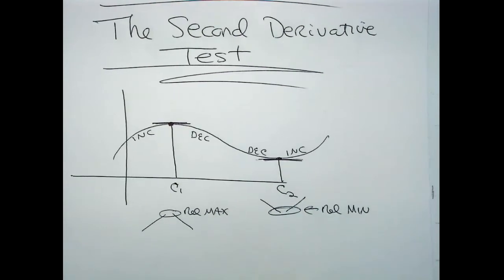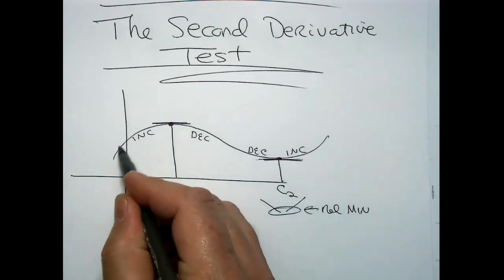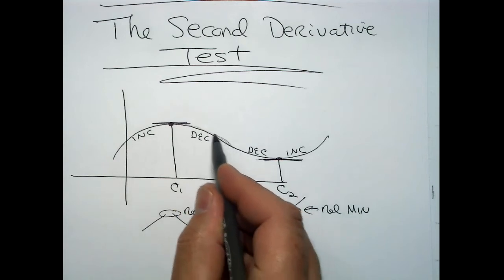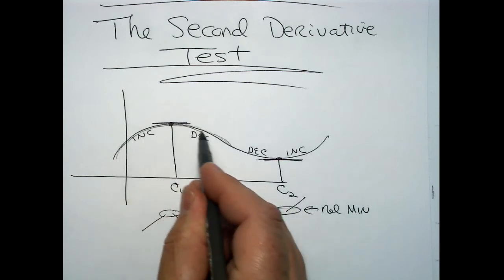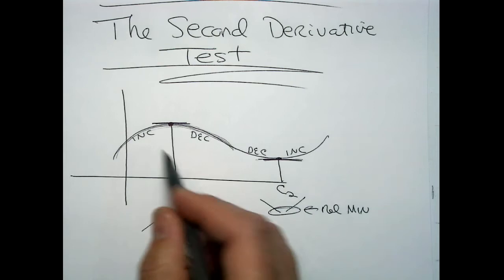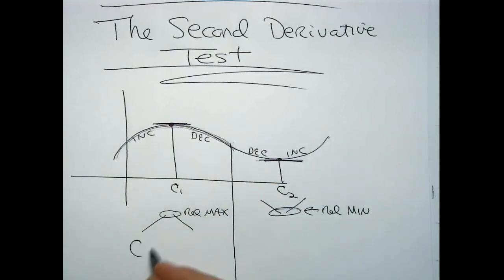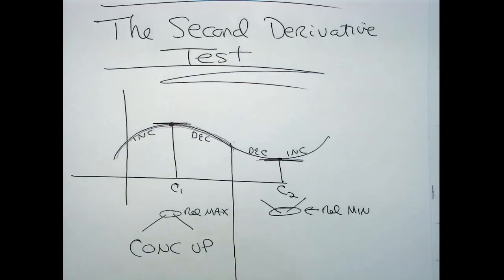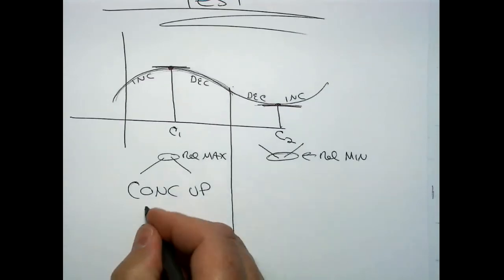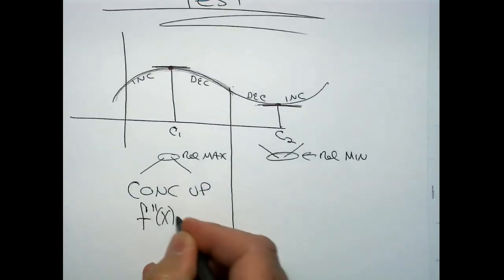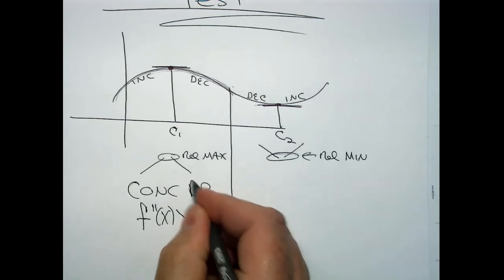And it's called the second derivative test. Take a look at the region over here. Take a look at the concavity throughout the entire region. So if we look here, we would certainly call this a concave down region.